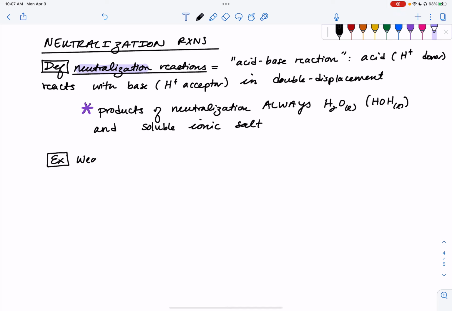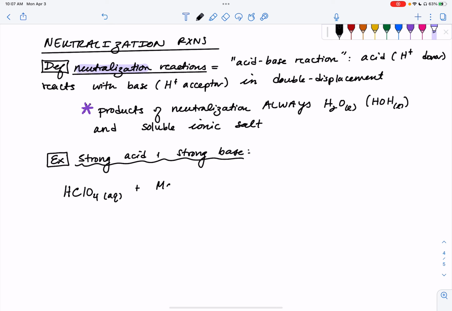Let's look at a strong acid and a strong base. Let's do one of our 6 strong acids, HClO4, perchloric acid, with magnesium hydroxide.